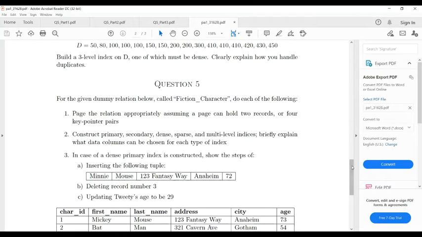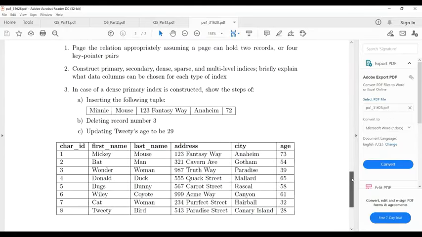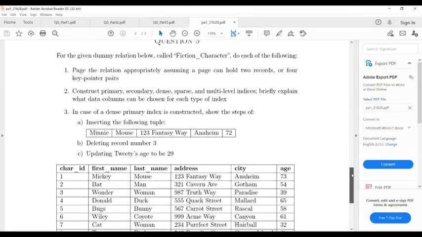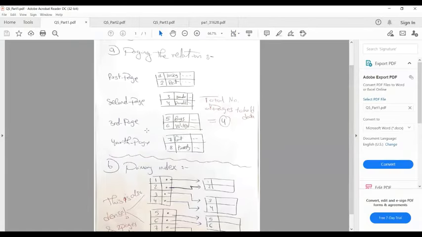We will just page this table into blocks. This is paging the relation. Each page consists of 2 records, and the total number of records we have in the relation is 8. So we have 4 pages to hold our data on the hard disk.